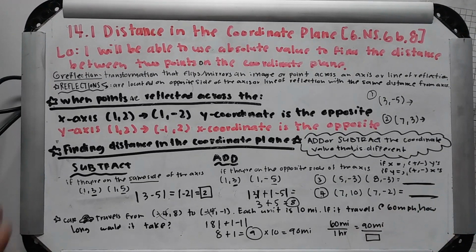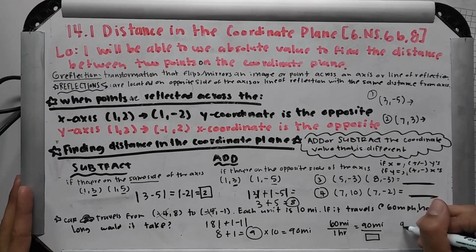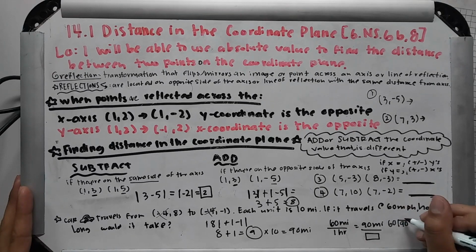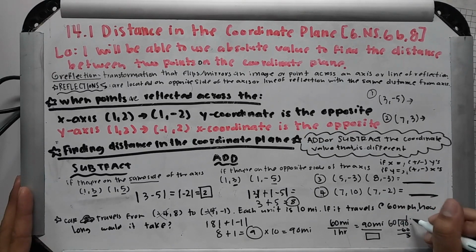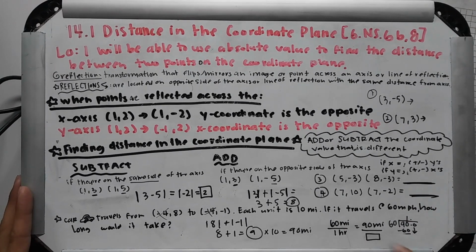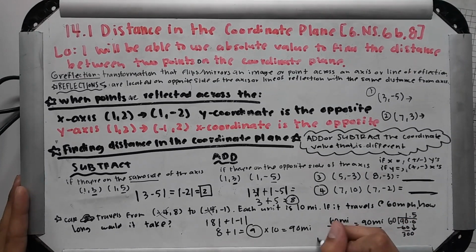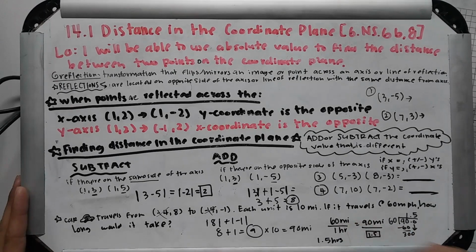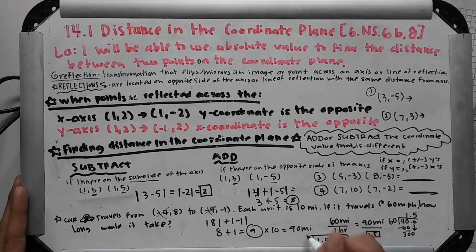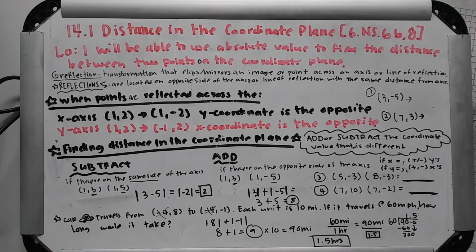I can butterfly it, so I can say 90 times 1 is 90, divided by 60. So 90 divided by 60 is 1.5. So it takes 1.5 hours to travel 90 miles at 60 miles per hour, given the distance right here.